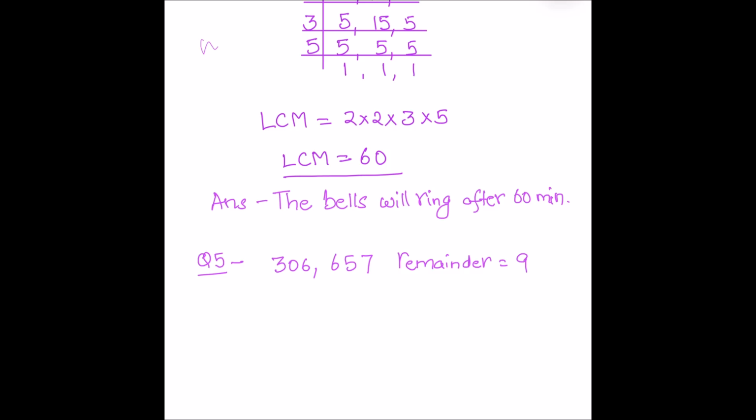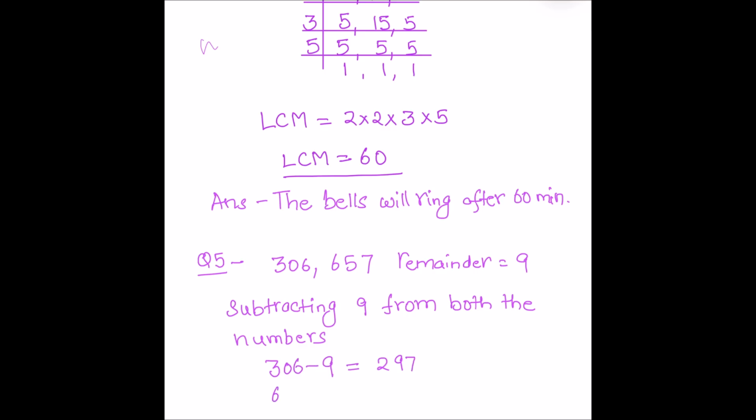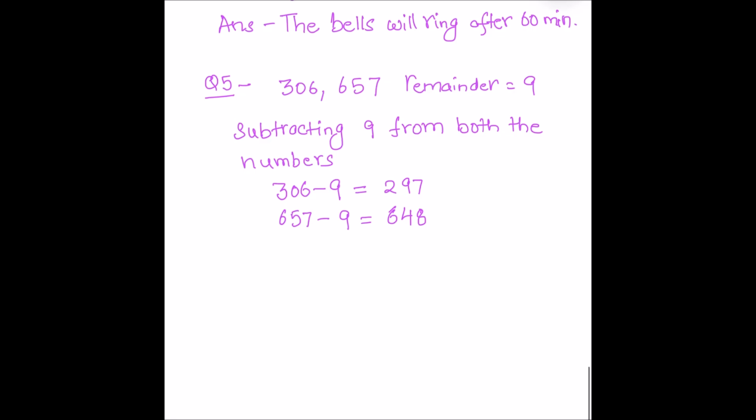So first we'll subtract 9 from both the numbers. 306 minus 9 equals 297, and 657 minus 9 equals 648. Now we are going to find the HCF of 297 and 648.